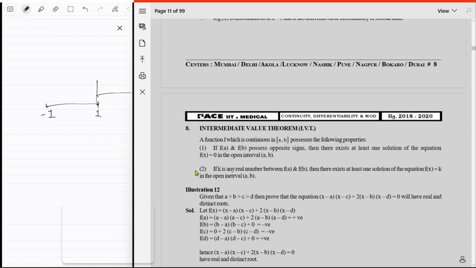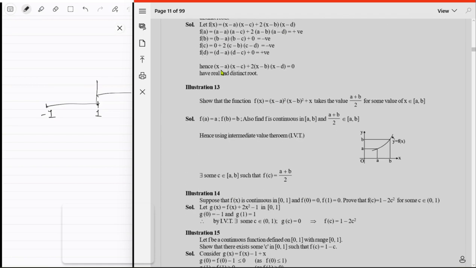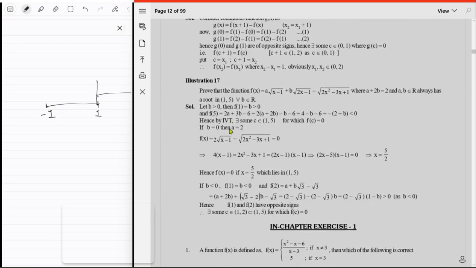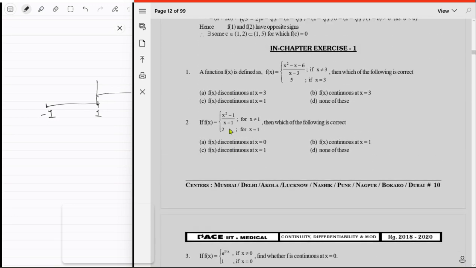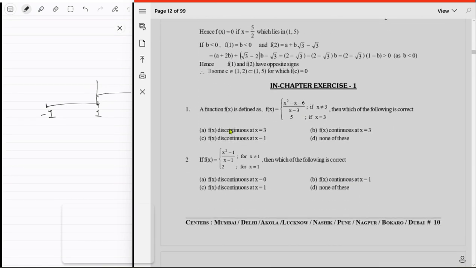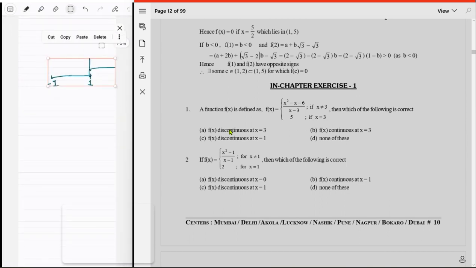The first thing is just a special case of the second one. Suppose f(x) is continuous in 0 to 1. That's just an illustration. We don't want that. Oh wait, they didn't even tell us what differentiability is. Ah, these people. Seriously.